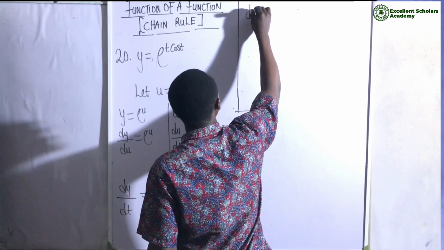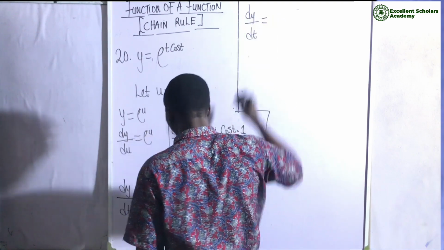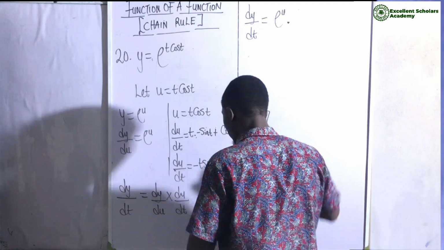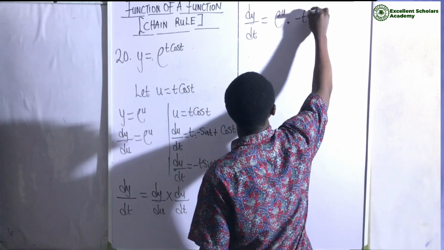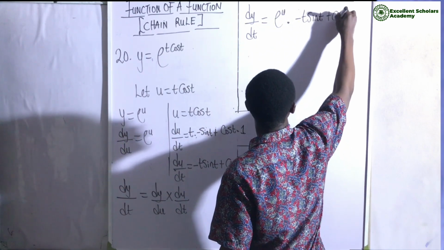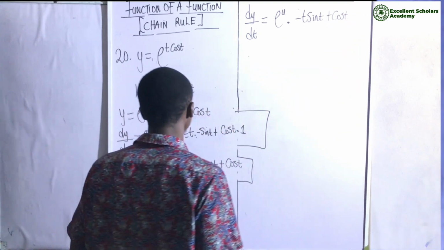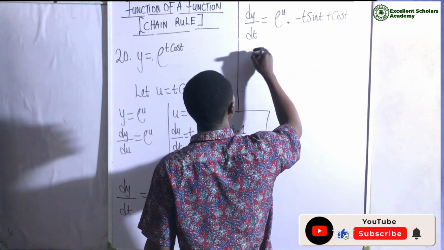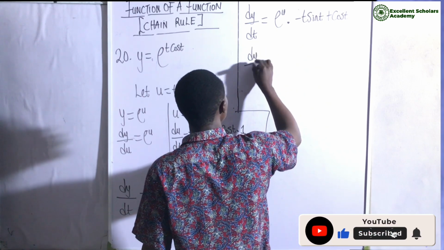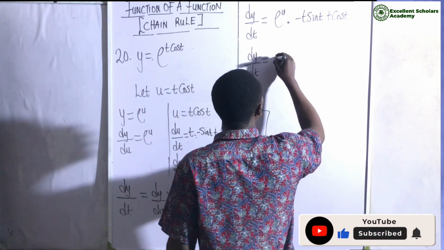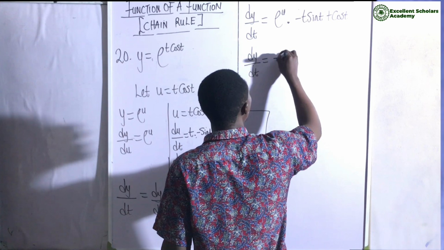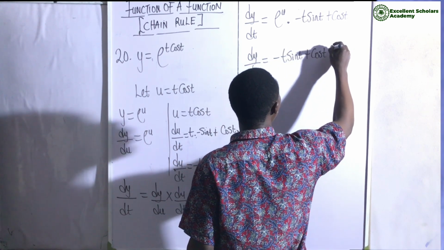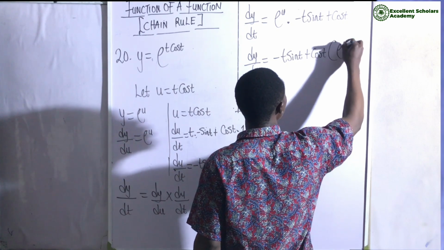So our dy dt will be equal to exponential u multiplied by minus t sine t plus cos t. I could write this as dy dt equal to minus t sine t plus cos t, all multiplied by exponential u.